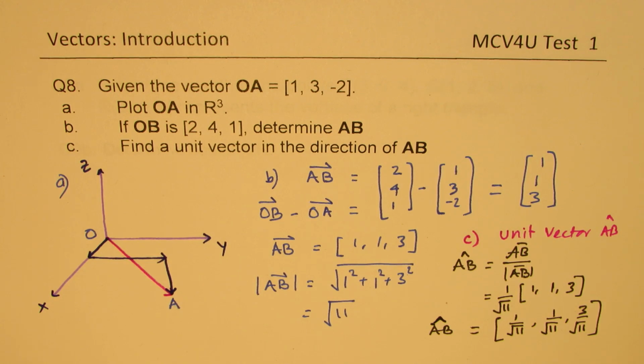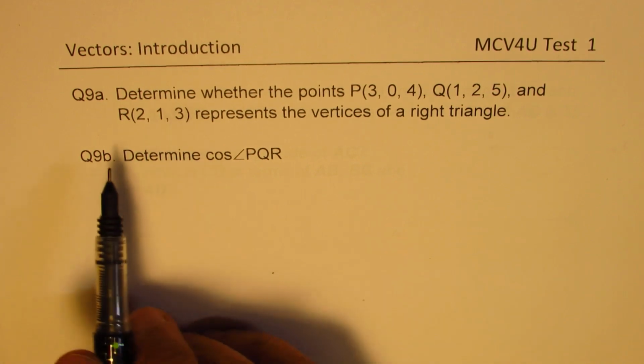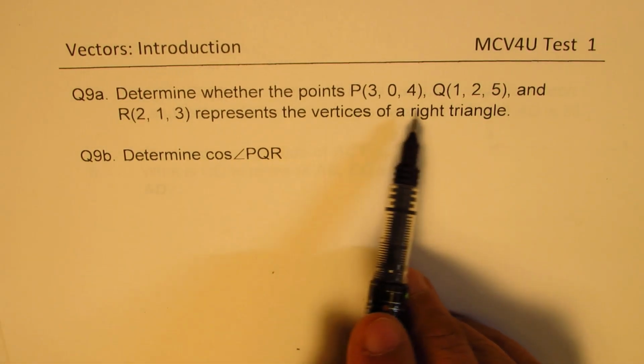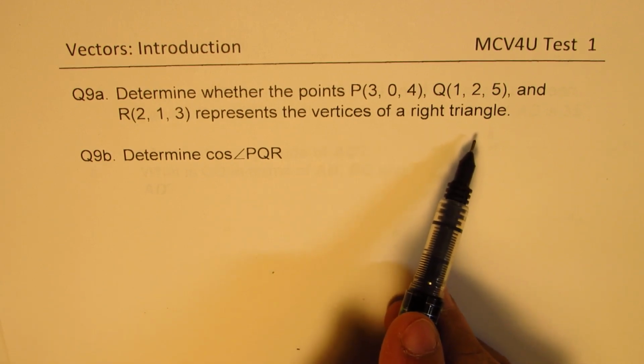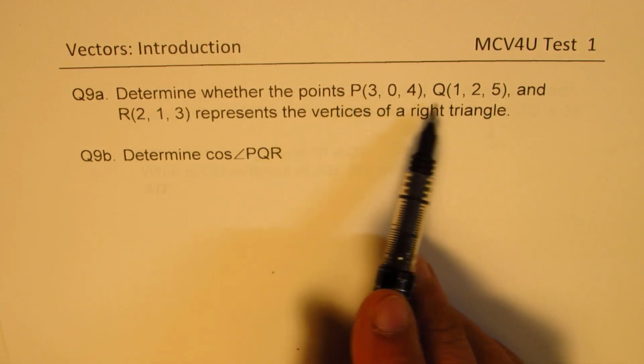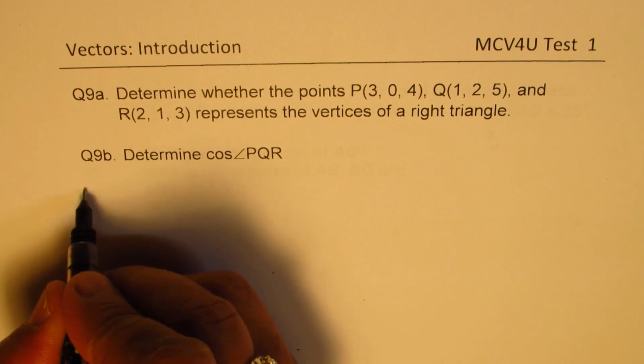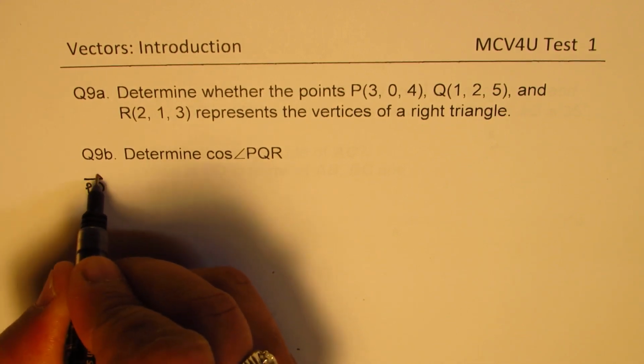Now last two questions, let's move on and complete our test paper. Question number 9. Determine whether the points P, Q and R represent vertices of a right triangle. So in that case, let's find the side lengths. So let's find what is PQ.